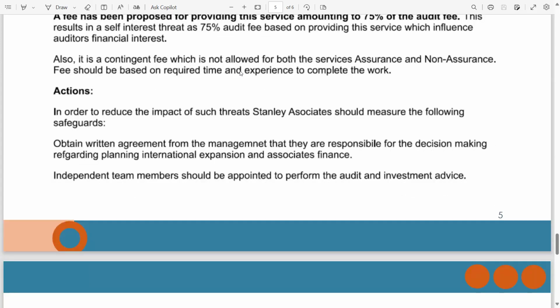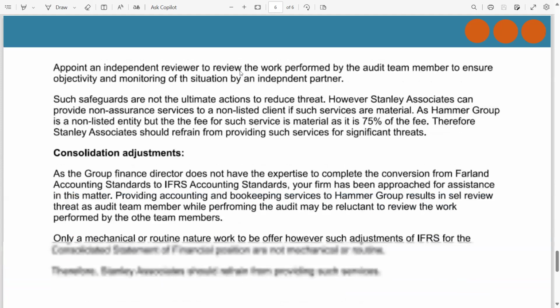In order to reduce the impact of such threats, Stanley Associates should implement the following safeguards. Obtain written agreement from management that they are responsible for decision making regarding planning international expansion and associated finance. Independent team members should be appointed to perform the audit and the investment advice.